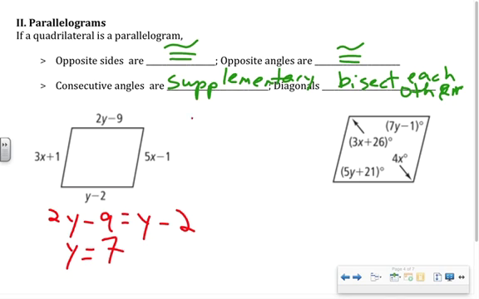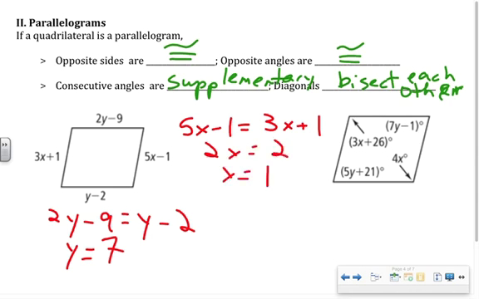Okay, solving for x, same idea. 5x minus 1 equals 3x plus 1. So 2x is 2 and x is 1. Easy peasy. Now in the angles problem next to it, the opposite angles have the same variable.